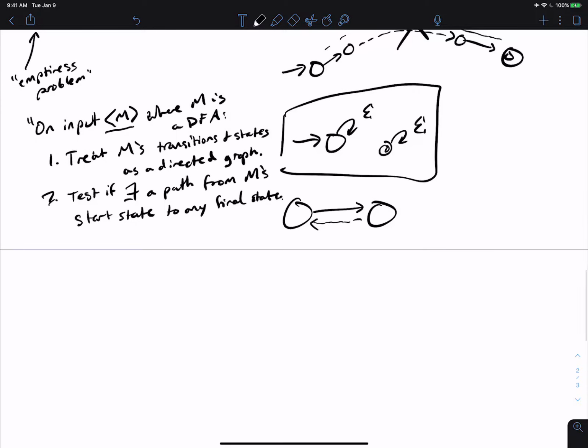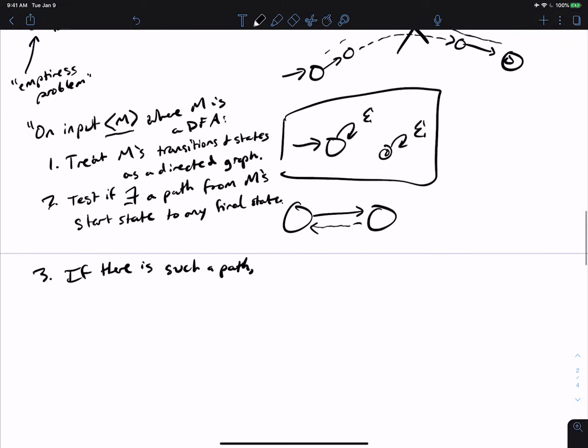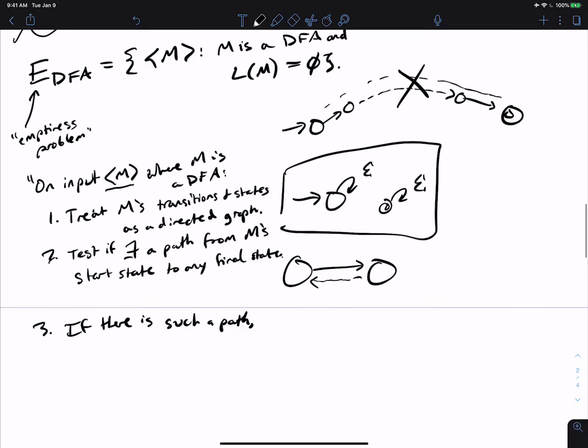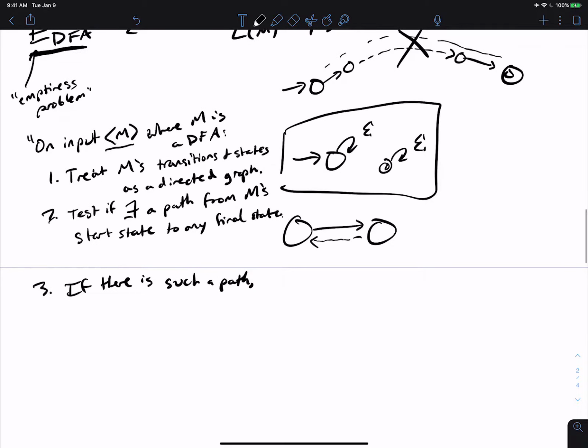Then if there is such a path, that means there is a way to get to a final state from the start one, which means that the machine does accept something. But the problem we're trying to answer is the emptiness problem, whether the language is empty. If there is a path, that tells us it is not empty, which means here we should reject.